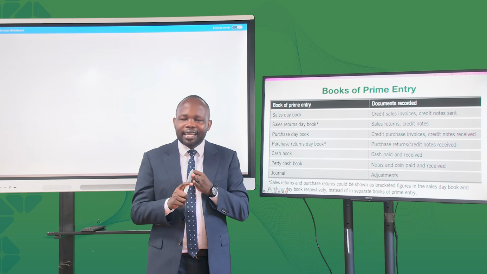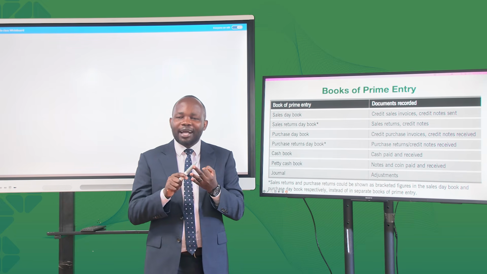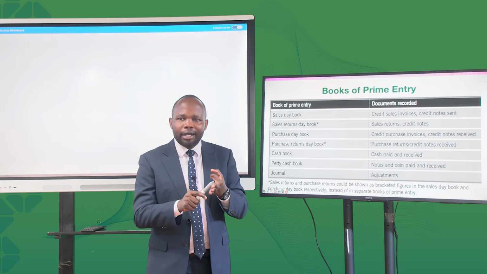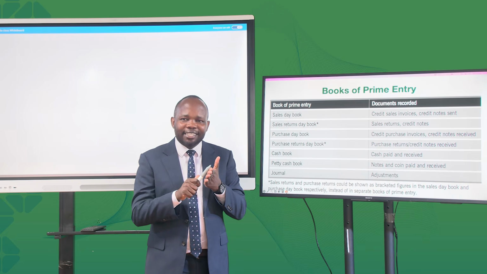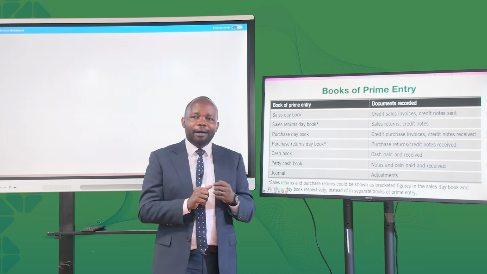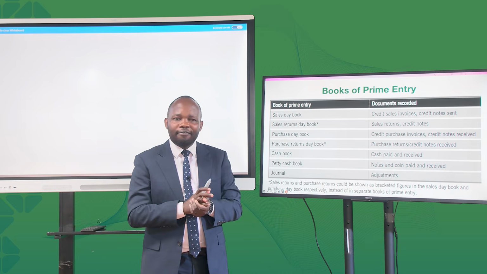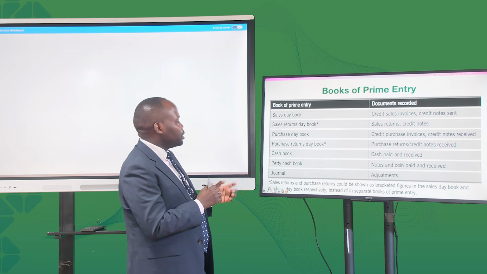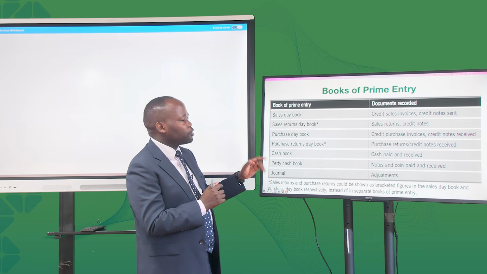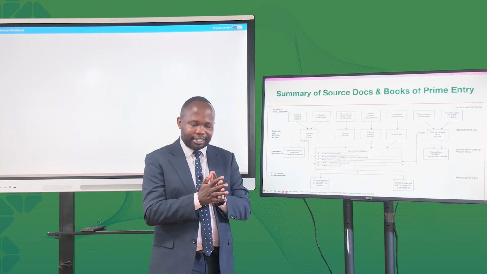Number 2, sales return day book. Number 3, purchase day book. Number 4, purchase returns day book. Number 5, cash book. Number 6, petty cash book. And number 7, we have journals. So these are the 7 books of prime entry we are going to look at.